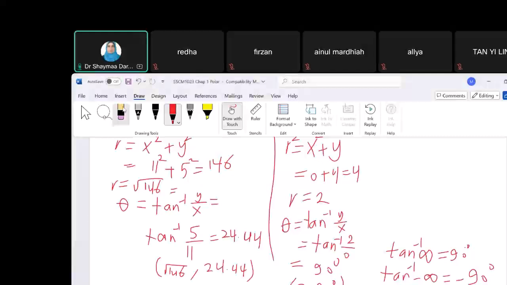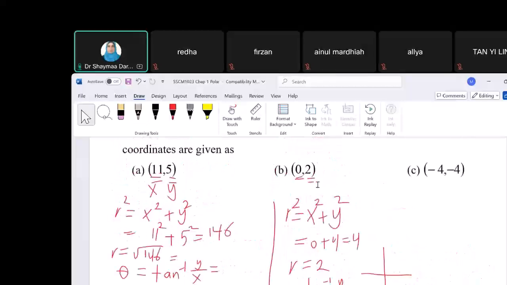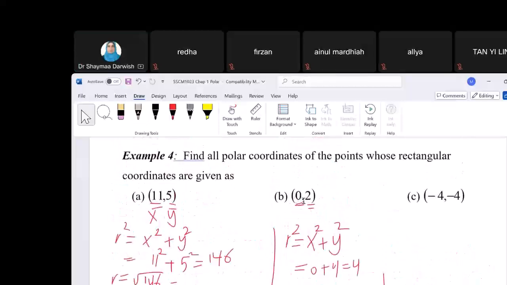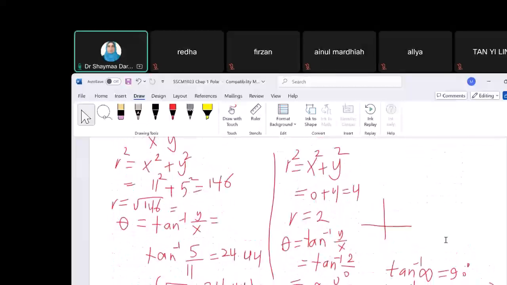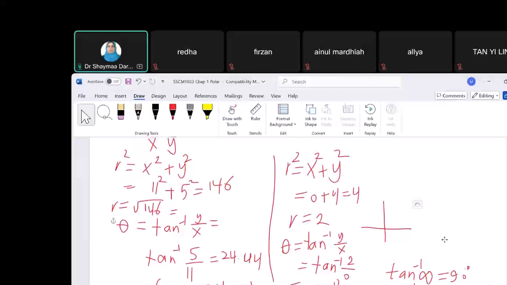Actually, if you need to check your answer, in Cartesian coordinates the point is 0 and 2, right? If I need to plot, x is 0, y is 2, this is my point.